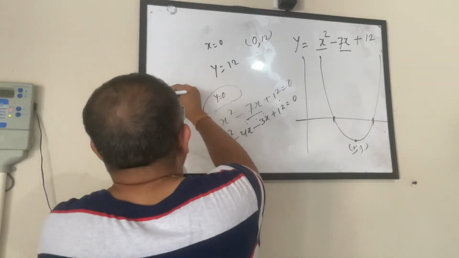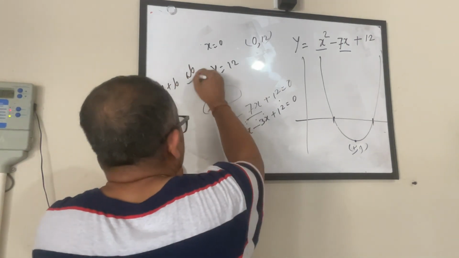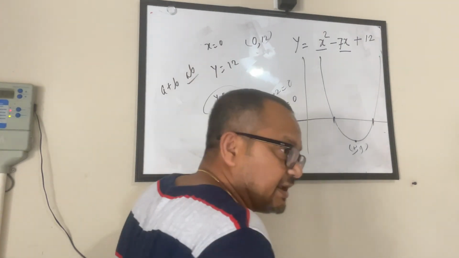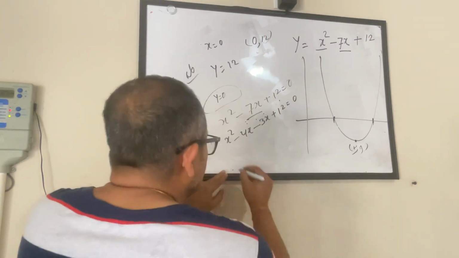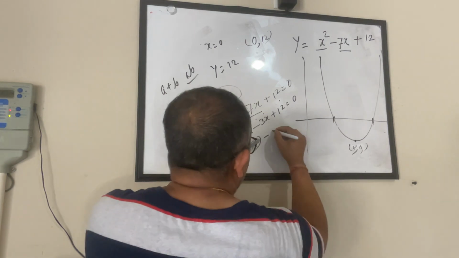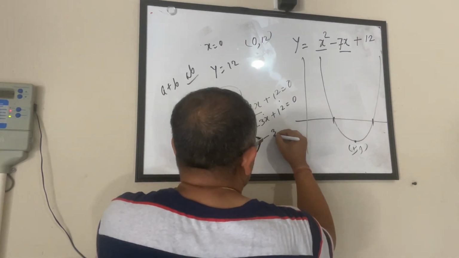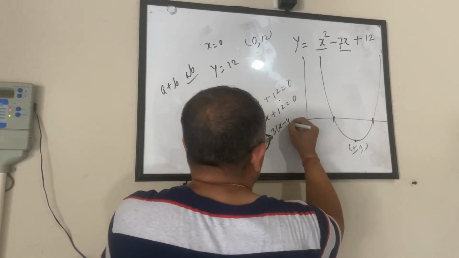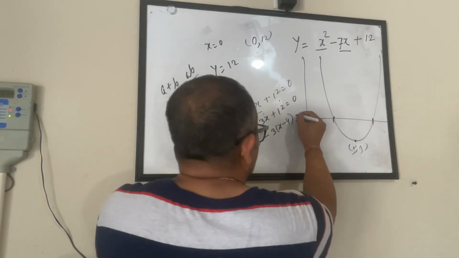I applied the formula for a plus b, ab, because it was not a flat a minus b whole square. So this gives me x squared minus 4x as one group, and then minus 3 into x minus 4, equals 0.